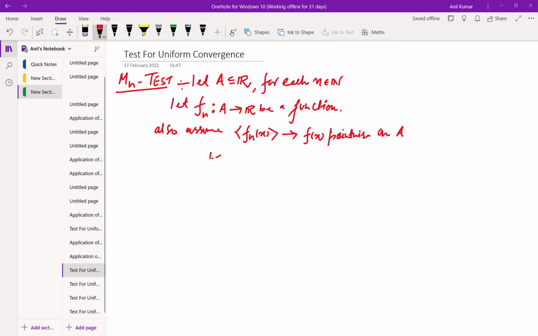That is, we can write this as limit of f_n(x) as n tends to infinity is f(x) for all x belongs to the set A.